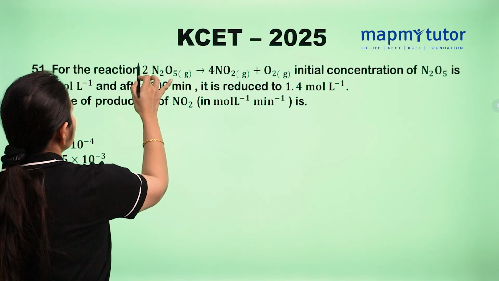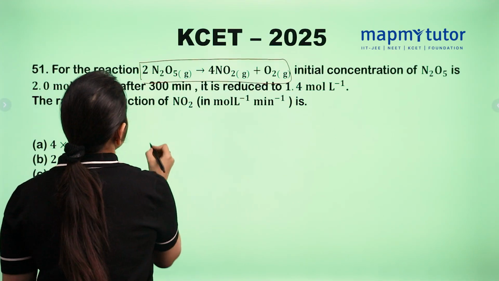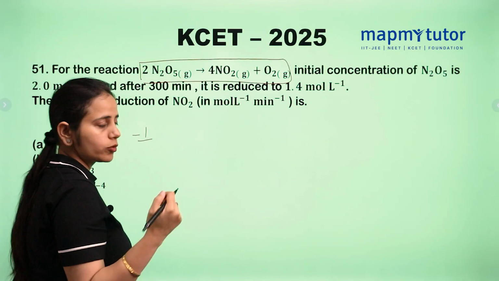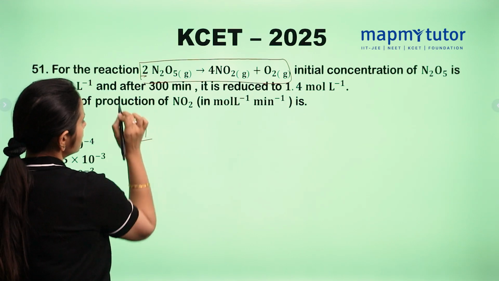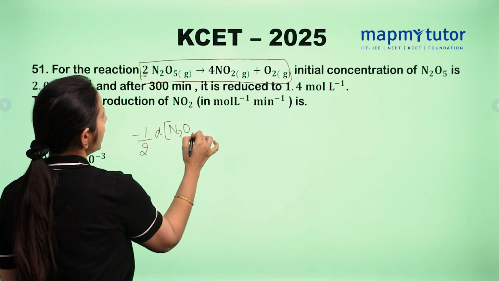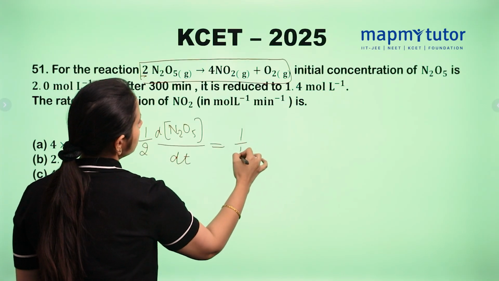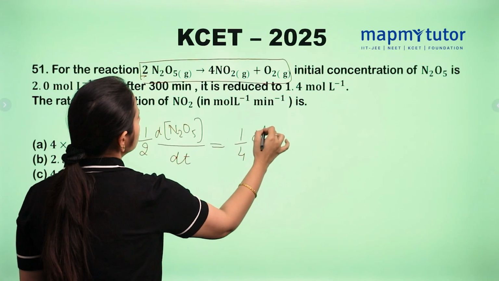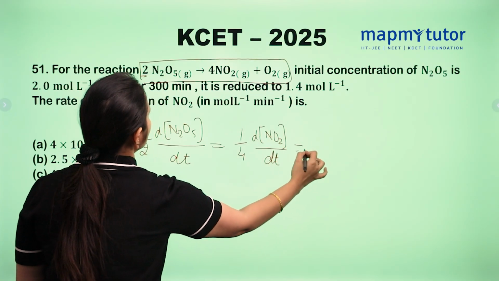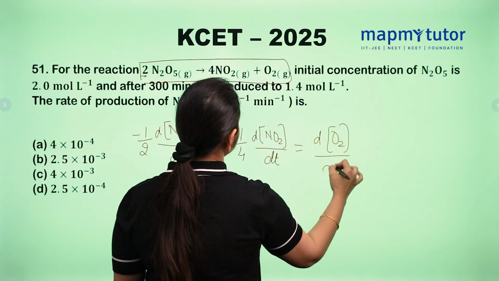Let's solve it. First, write the rate for this reaction. For the reactant side, as it is a rate of disappearance, we will use the minus sign, and for this stoichiometry we will write minus 1 by 2 dN2O5 by dt, is equal to, for the product side, we will use plus sign, 1 by 4 dNO2 by dt, is equal to dO2 by dt.